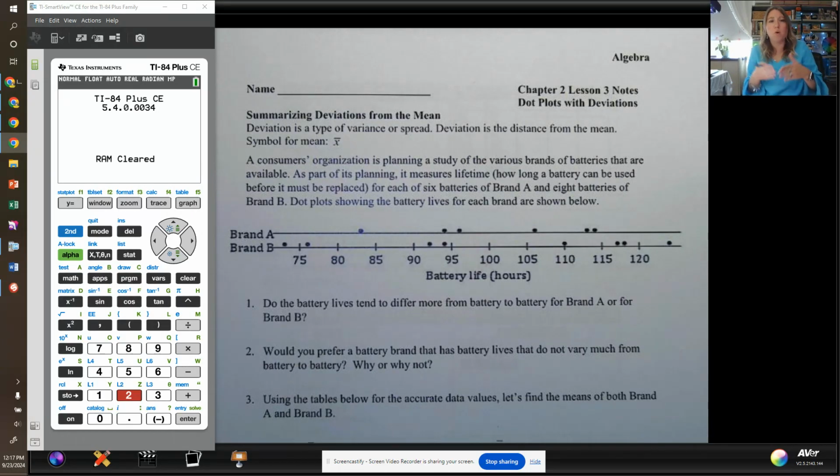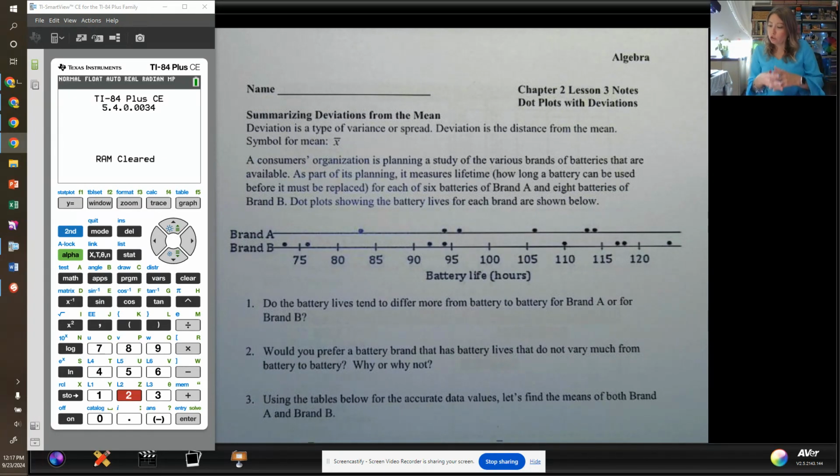We'll use our standard deviation, or a deviation from our middle, our mean value, in order to compare what we're looking at in different types of battery lives.